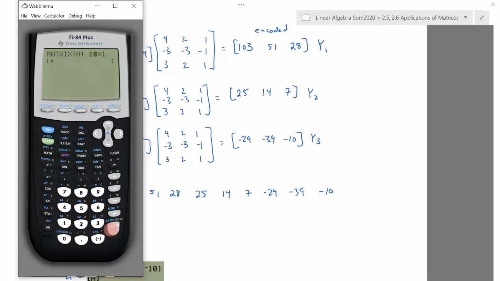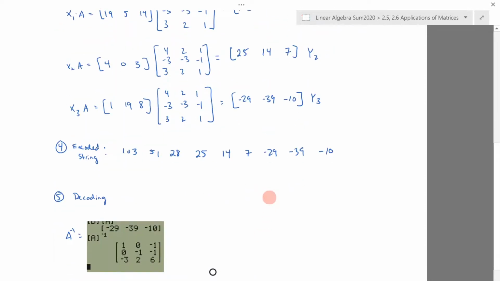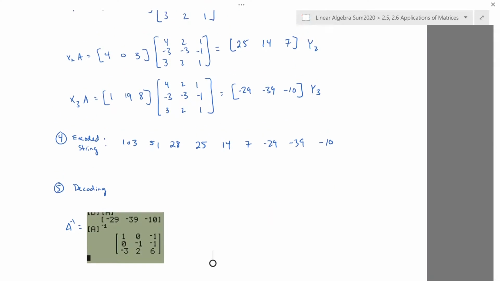Then I need another 1 by 3. The last one was negative 29, negative 39, and negative 10. Okay, so they're all entered into the calculator now. So how do I recover them?